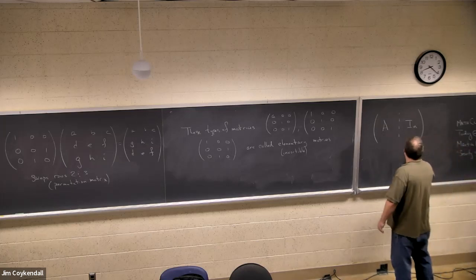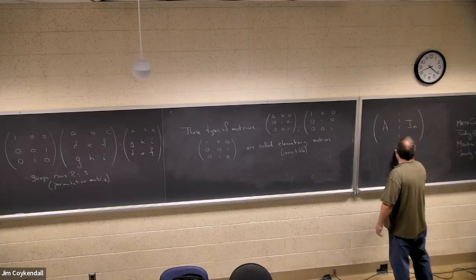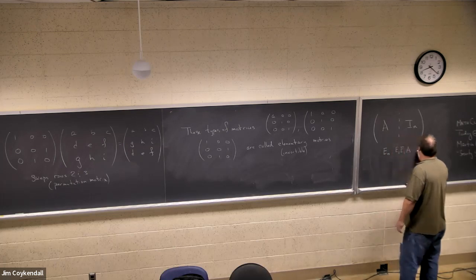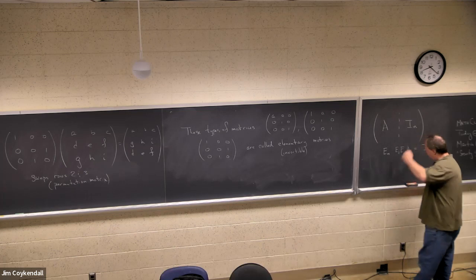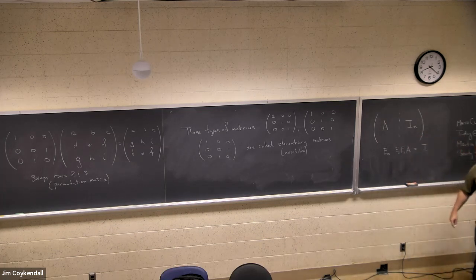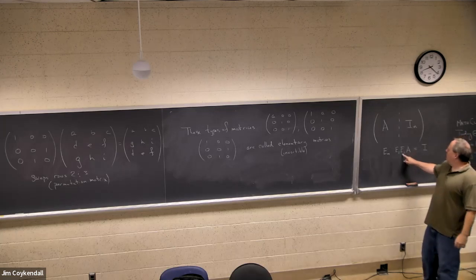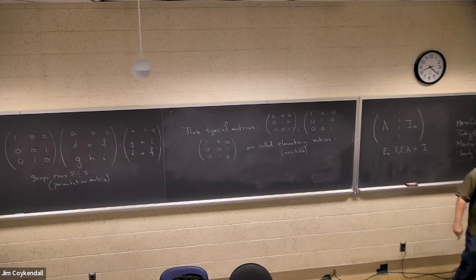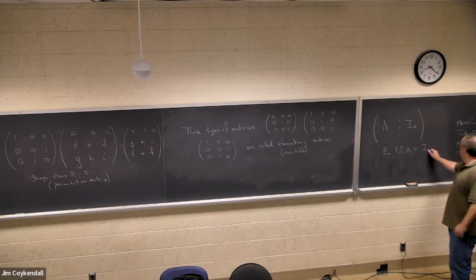So we started with A, and then maybe we did E1, E2, and we did it a whole bunch of times until we got the identity. Everybody agree with that? So row operation 1, row operation 2, all the way to however many times we have to do it, row operation n. Agreed? We do that, and it turns into the identity.